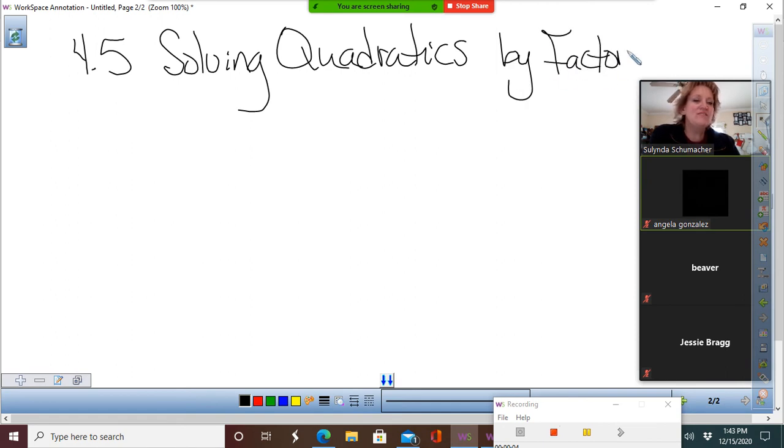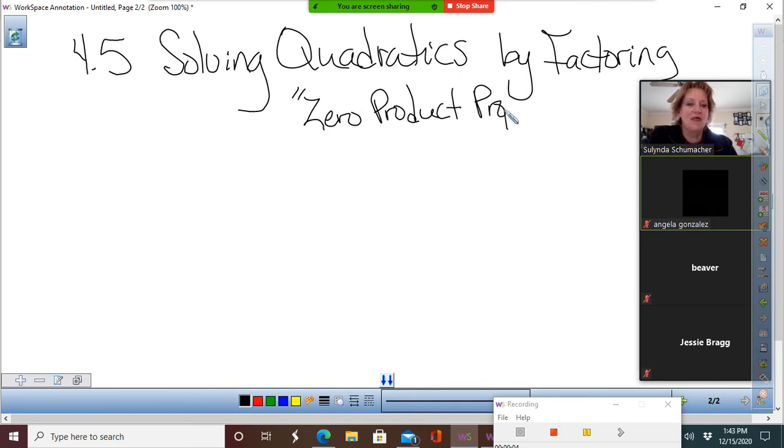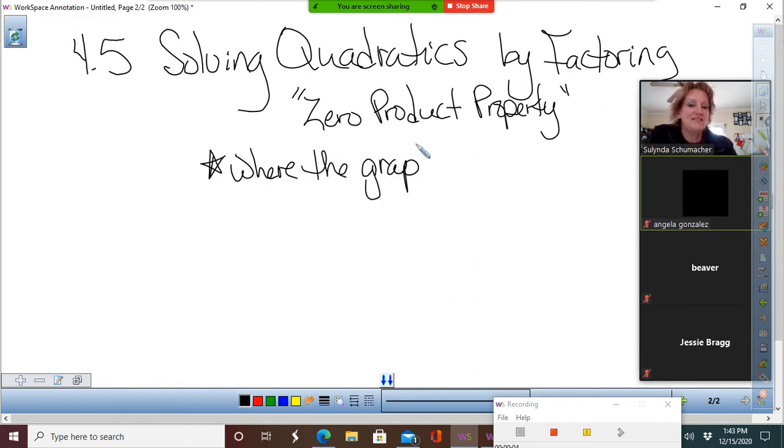When I say we're solving by factoring, that's using the zero product property. I want to remind you guys, and I know I've said this to you hundreds of times, what we are finding when we are solving a quadratic is where the graph crosses the x-axis.